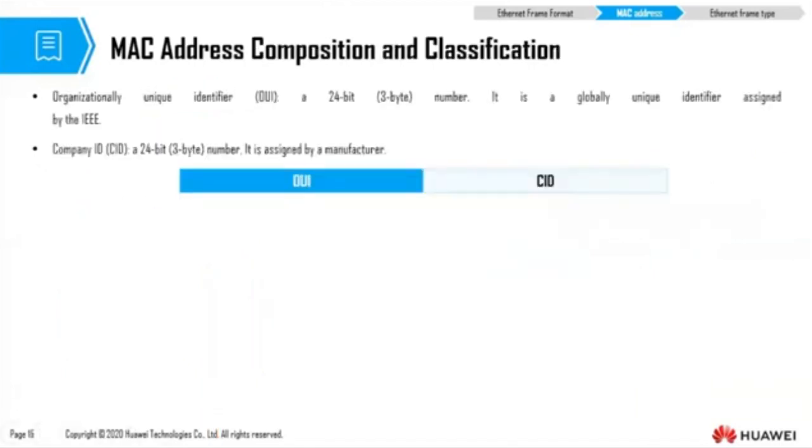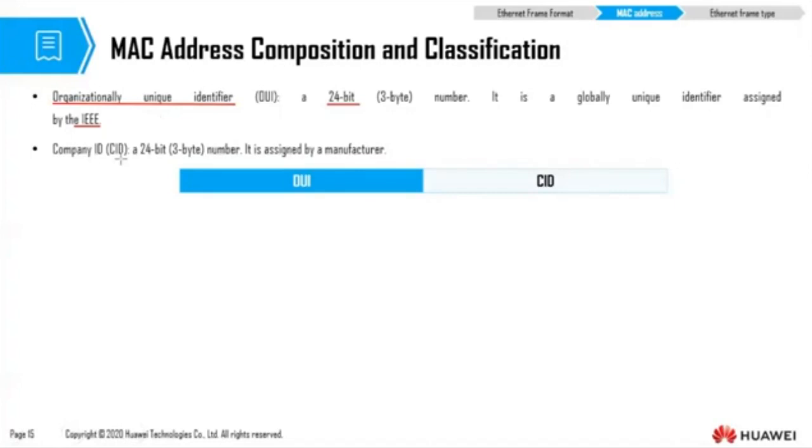So the MAC address composition and classification: the MAC address is made up of 2 parts. The very first part is called the organizational unique identifier. The first 24 bits of the MAC address is a number that is globally unique and is assigned to the vendor or the manufacturer of the NIC by IEEE. So you have to purchase that particular number.